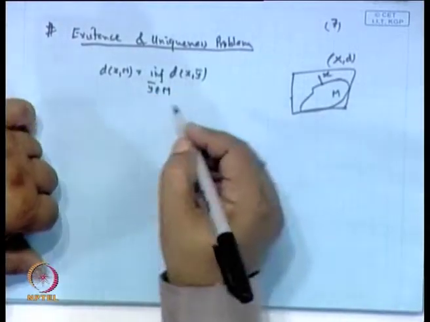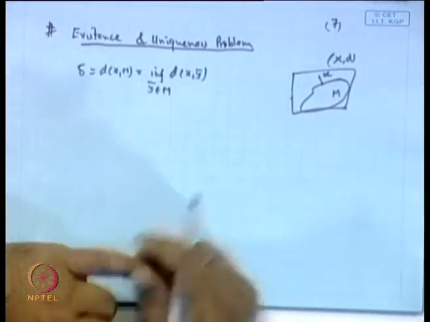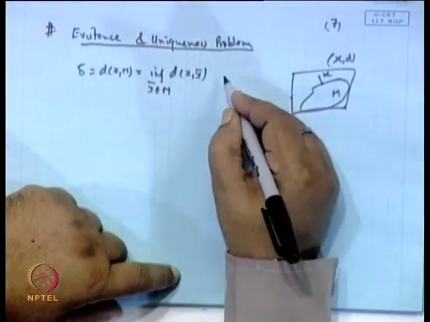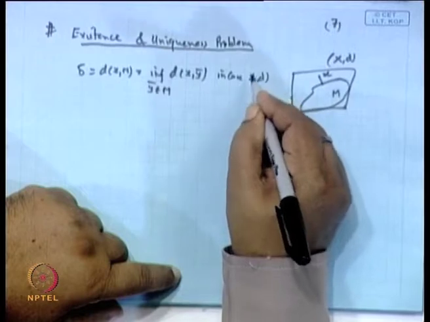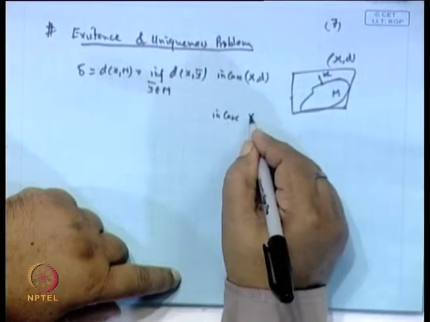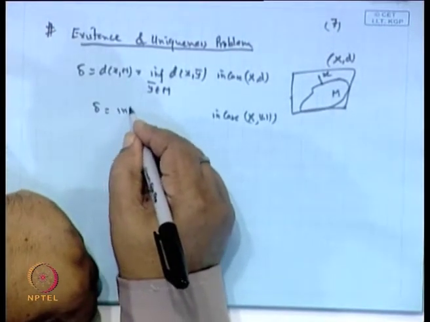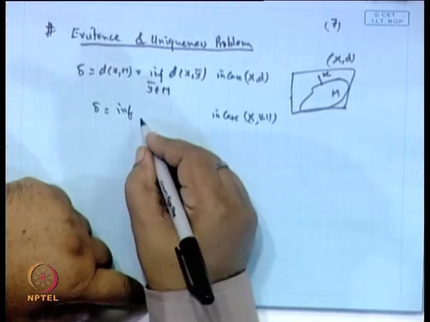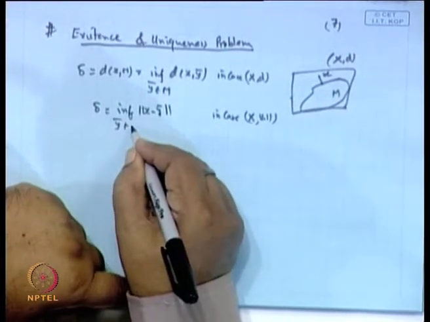This distance, let it be denoted by delta. So, infimum, that is in case of the metric space (X, d). Now, in case of the norm space, the delta we can say is the infimum of the norm of x minus y, where y belongs to M.